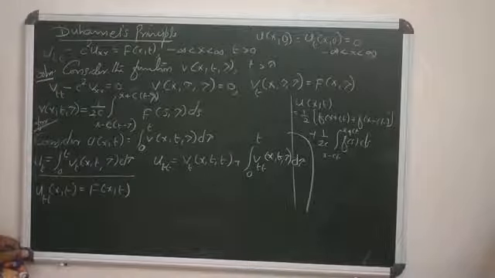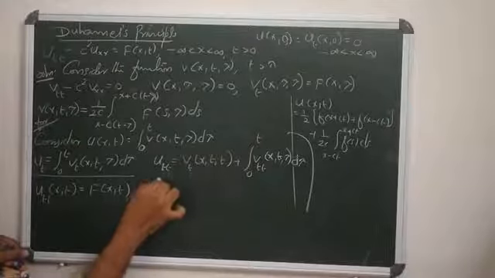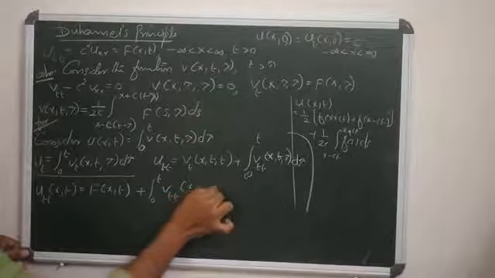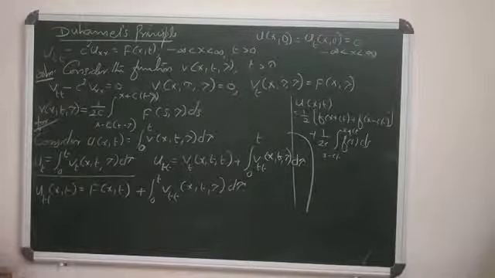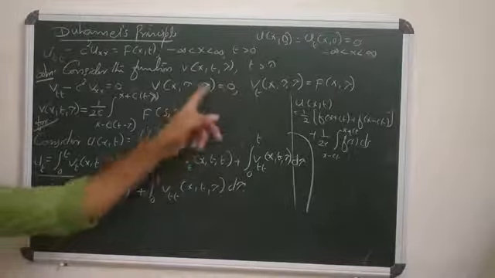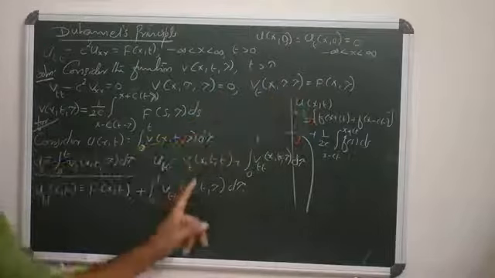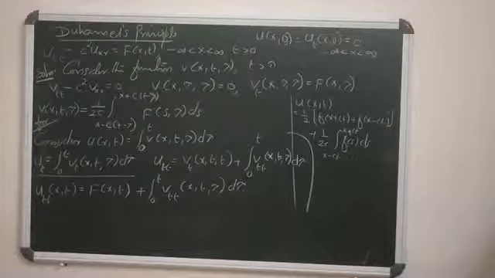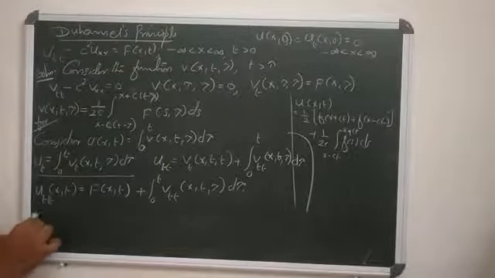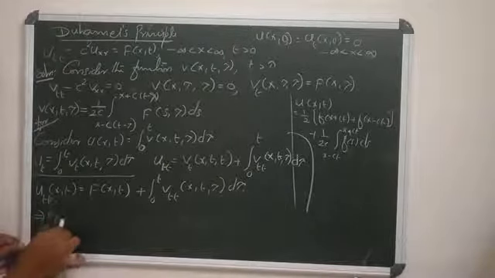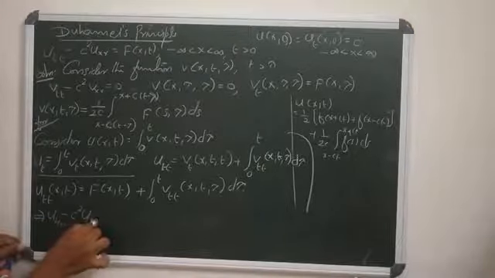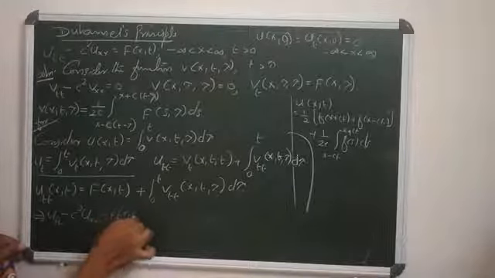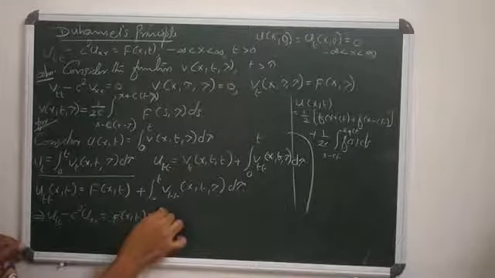Therefore, vt x tt equals f of xt, plus what remains, integral 0 to t vtt xt lambda d lambda. Clear? Why? Because vt x lambda lambda is f of x lambda. Agreed. Therefore, this gives utt minus c square uxx equals f of xt plus integral 0 to t.